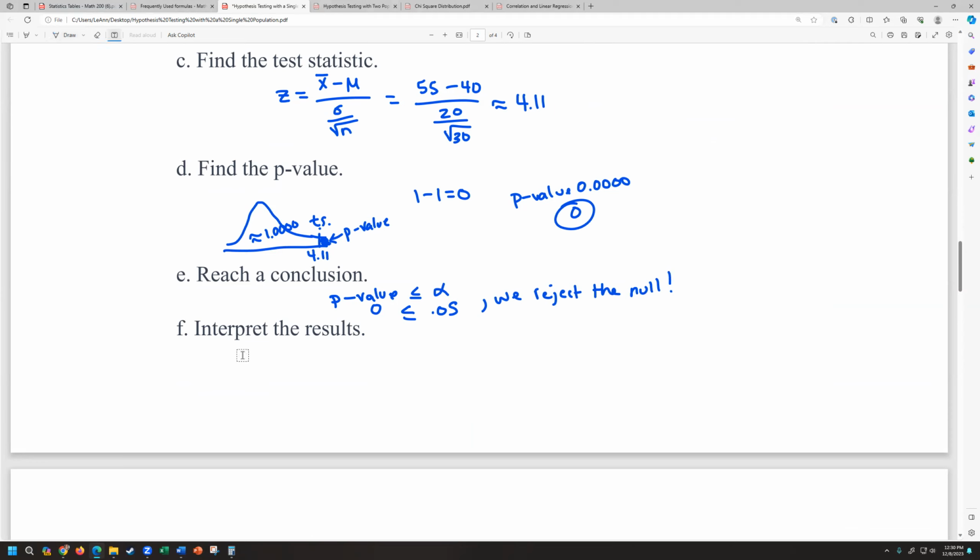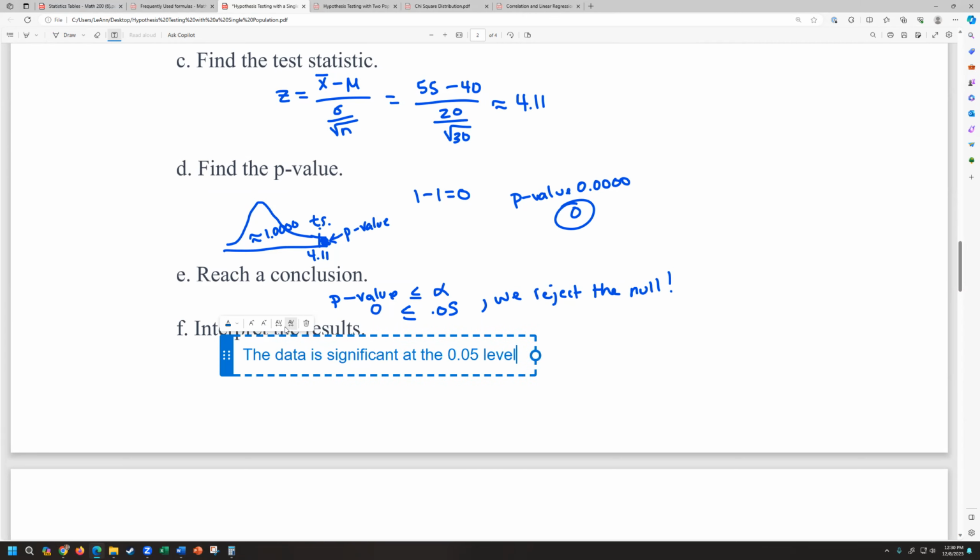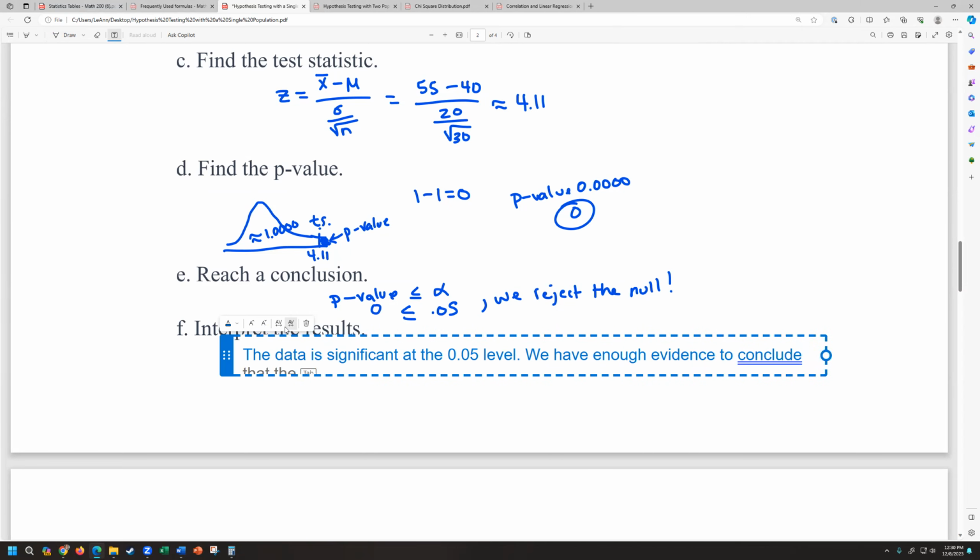Now, just because it's quicker for me, I'm going to type out what that means in terms of the interpretation. So we're rejecting the null, so we would say the data is significant at the 0.05 level. We have enough evidence to conclude that the null is not true anymore. We're rejecting the null.